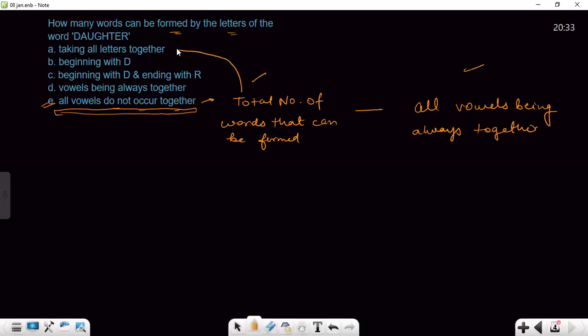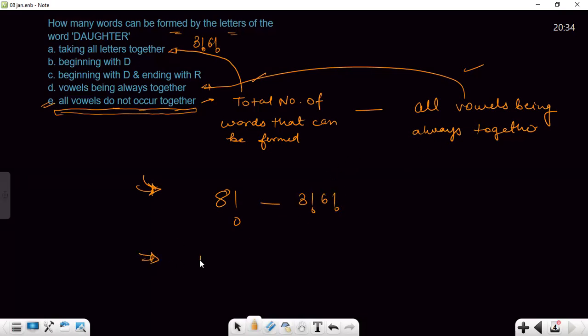This we found in A, and this we found just now in D. We have eight letters and eight places to be arranged with no conditions, so 8 factorial, minus all vowels always being together. How many vowels? Three vowels, so 3 factorial for the box, plus how many are remaining? 5 consonants and the box. So 5 plus 1, that is 6 factorial. So 3 factorial into 6 factorial is the number of cases where all vowels will be together.